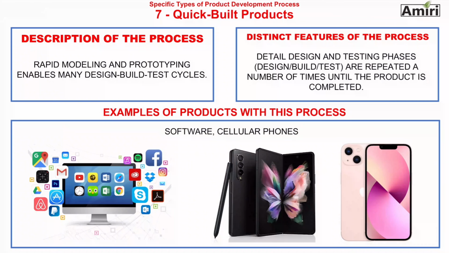So the next day they start with a new version and they start testing and adding on. So it depends on the product. There could be a lot of these quick build cycles. This type of process is also referred to as a spiral product development process.